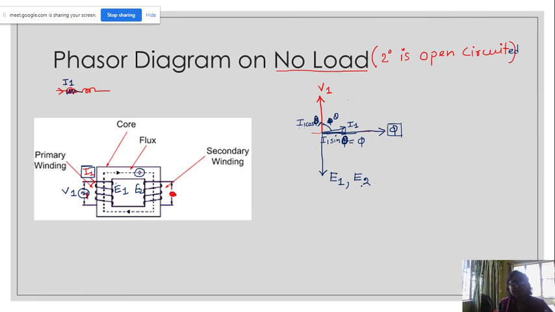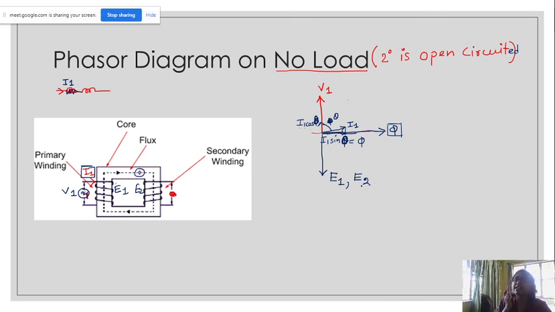Now when the flux is there, it is an alternating flux, and we got in the previous slide the expressions that the induced EMFs E1 and E2 depend on the maximum value of flux. And how they depend we know. So after the flux is induced, E1 and E2 are induced in the system.